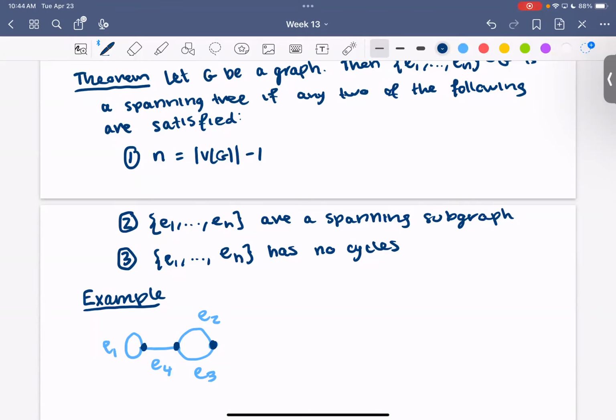So here, again, the spanning trees, since we have 3 vertices, a spanning tree can only have 2 edges. I can never include E1 because it's a loop. And I can only ever include one of E2 or E3 because they form a cycle together. So then the only choices are E2 with E4 or E3 with E4. Those are my 2 spanning trees.